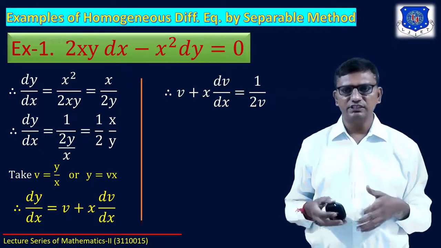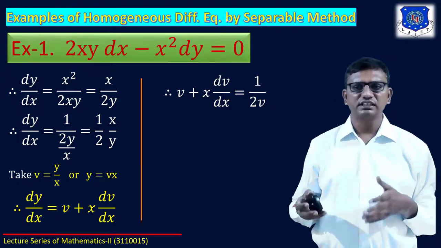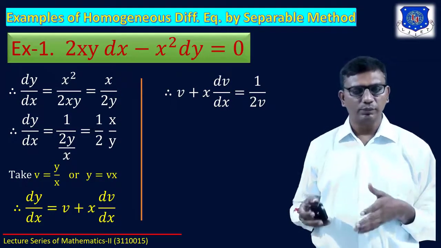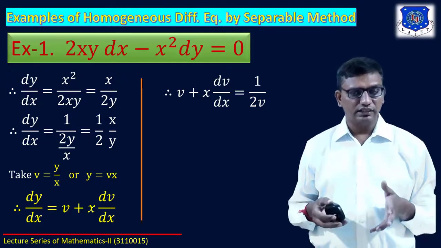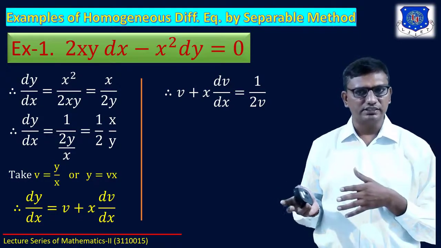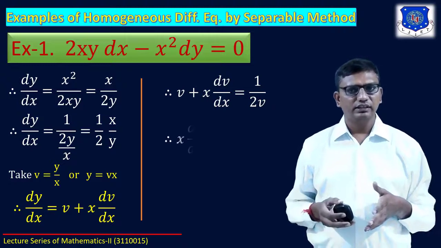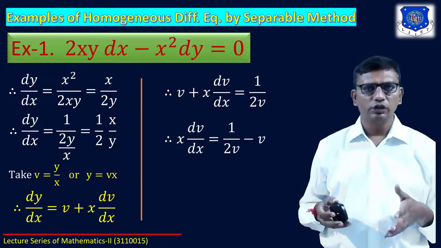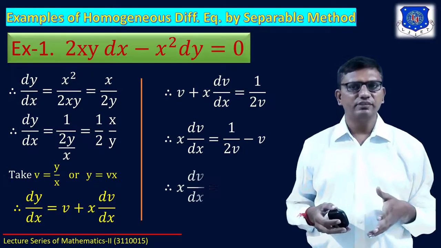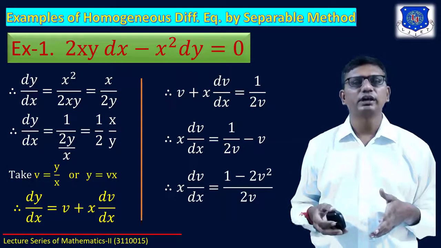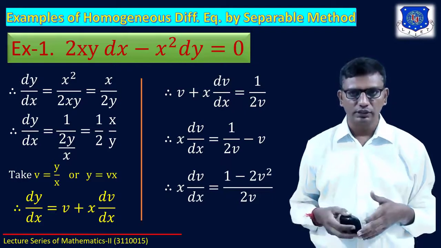Then finally our differential equation becomes v plus x dv by dx equal to 1 upon 2v. Now we set the v on the right hand side. Then we get x dv by dx equal to 1 upon 2v minus v. And after taking the LCM, we get x dv by dx equal to 1 minus 2v square upon 2v.